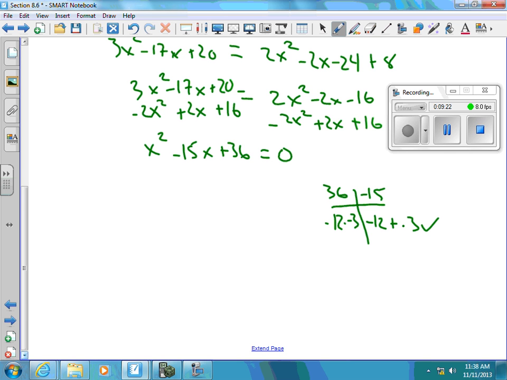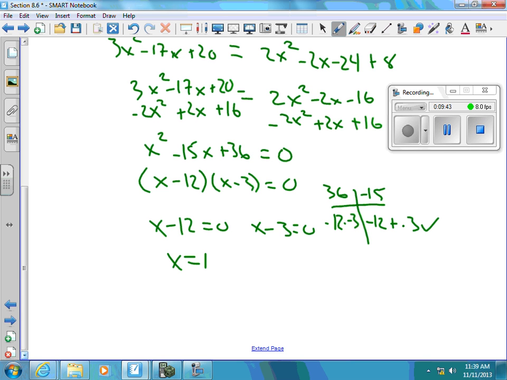Checks off. I get x minus 12 times x minus 3. Bottoms up says divide by a. A is 1. That's not going to do a whole lot for me here. So I do x minus 12 equals 0 and x minus 3 equals 0. Solve each one. I get x equals 12 and x equals 3.